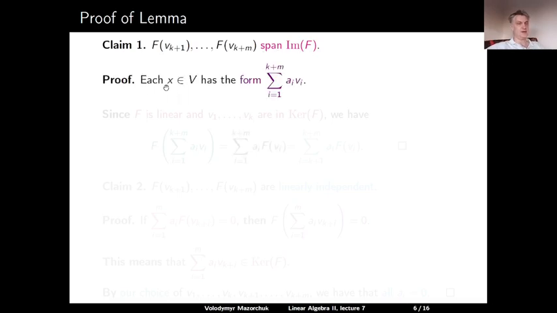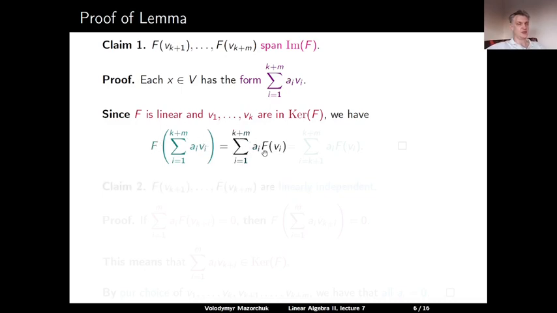Indeed, any element x in V can be written as a linear combination of our basis vectors vi's with some real coefficients ai's. So now if we apply f to this linear combination, using the fact that f is linear, we can write f of this linear combination as the linear combination of f of vi's with coefficients ai's.